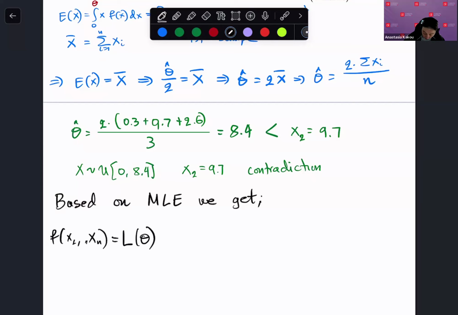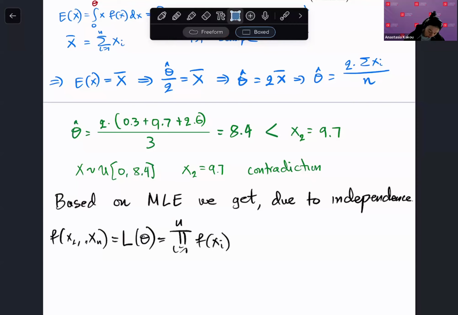Because the xi's are independent, due to independence, that is the product from 1 to n of f of xi, and this is equal to 1 over theta times 1 over theta, so that will be 1 over theta to the n.